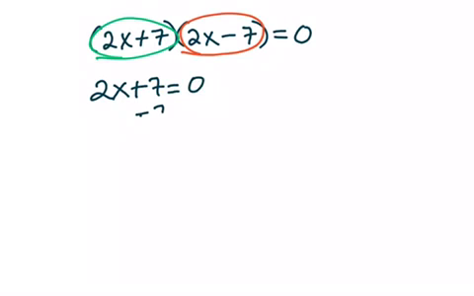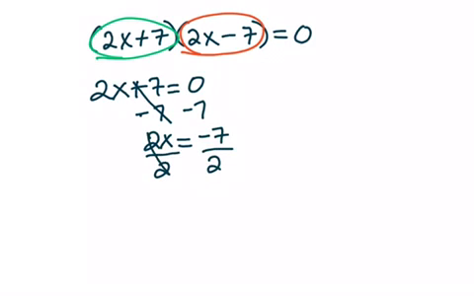So I say minus 7 minus 7. 2x equals negative 7. Then I just divide by 2, and x equals negative 7 over 2. I can reduce that to negative 3.5 if I want to.